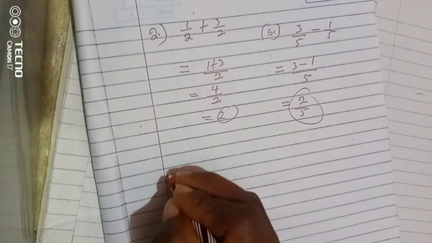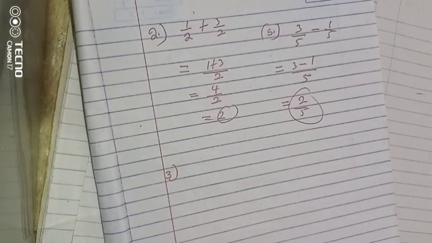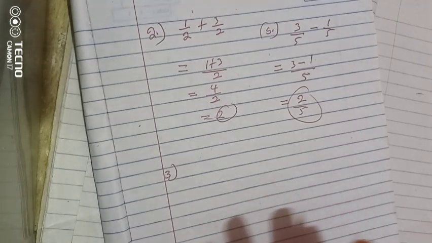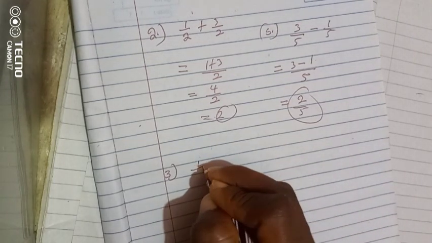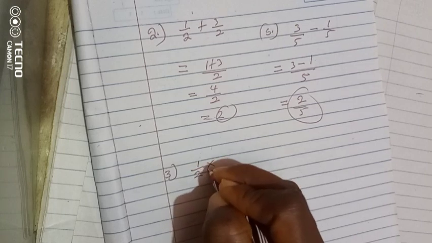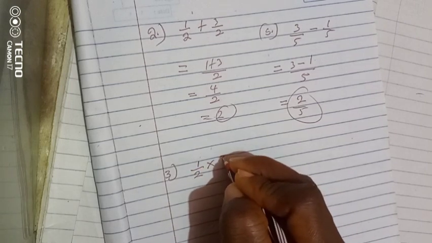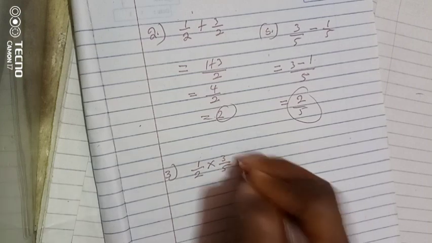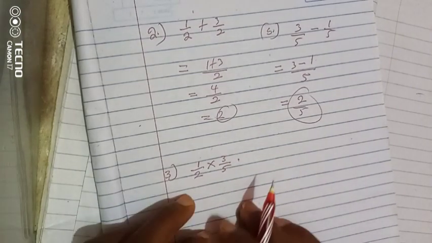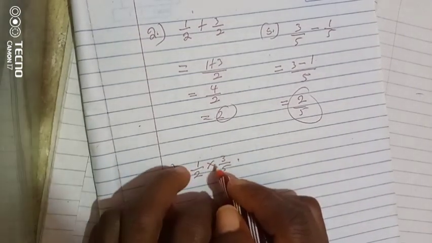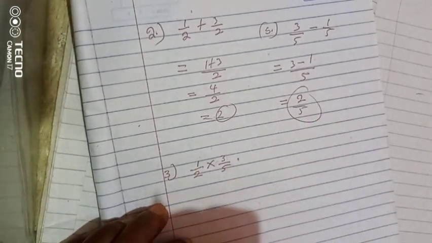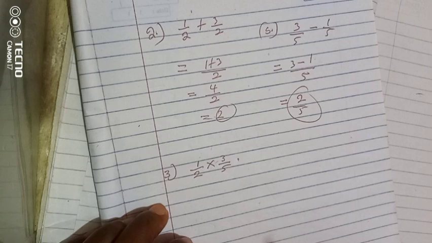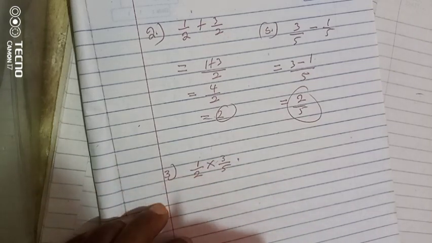Let's go to problem number 3. If we have something like 1 over 2 times 3 over 5, this is a multiplication. According to the rule of multiplication, fraction times fraction, you multiply the numerator by the numerator and the denominator by the denominator.